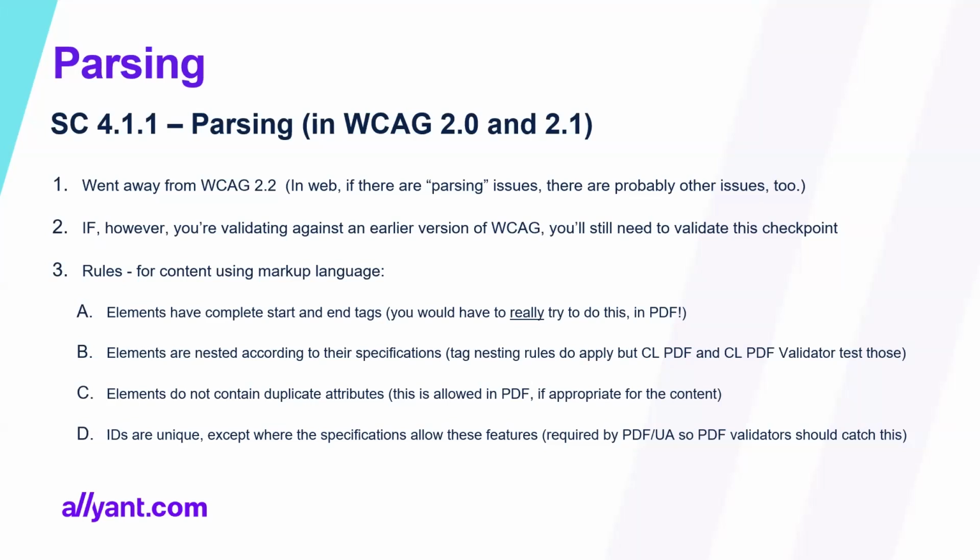And again, a PDF validator like Common Look PDF or the Common Look PDF validator are going to check that and catch it. So if you have parsing issues in your documents, then if you're using, again, Common Look PDF validator, you should be able to test those and find out whether or not you are in compliance with those requirements.